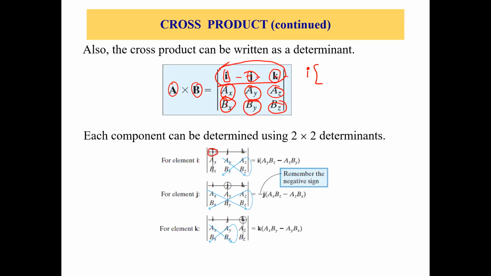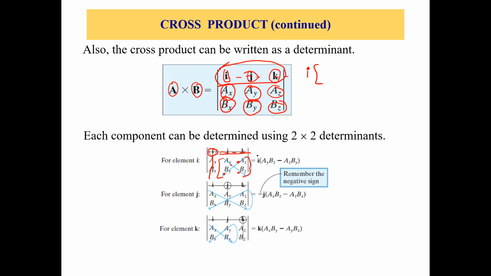So we are left with this 2x2 determinant: Ay times Bz minus Az times By, cross multiplication of the 2x2 matrix.